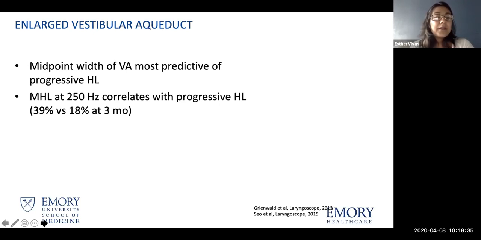But in terms of other activity, I think it's really between the provider and the patient, having a risk benefit assessment between restriction and having more normal social activities and exercise activities.